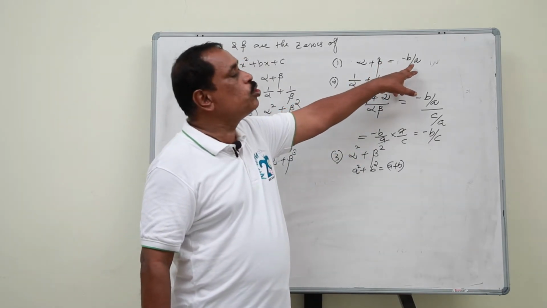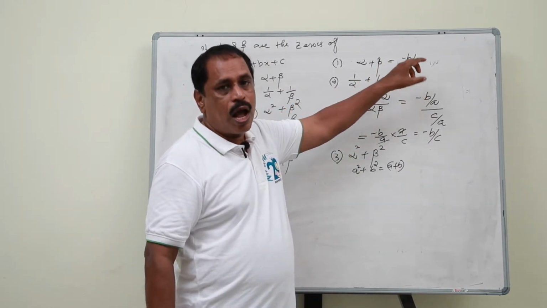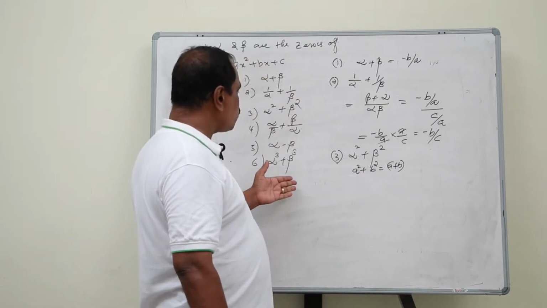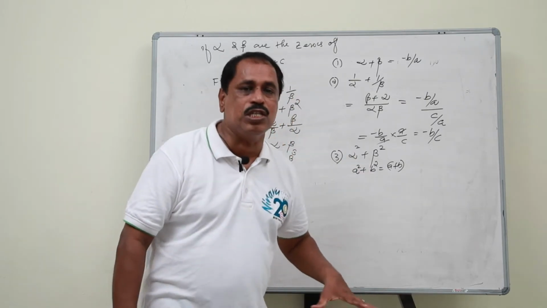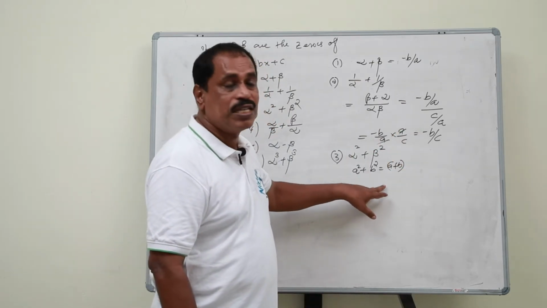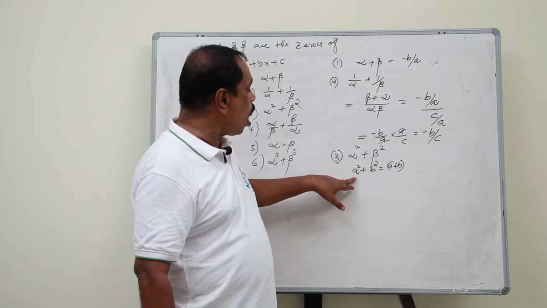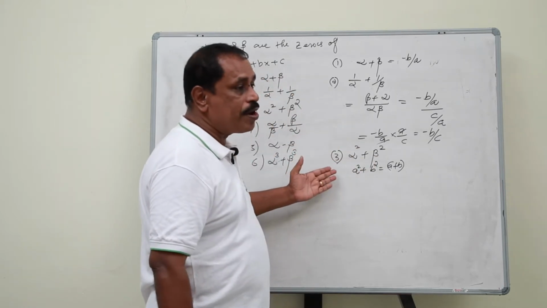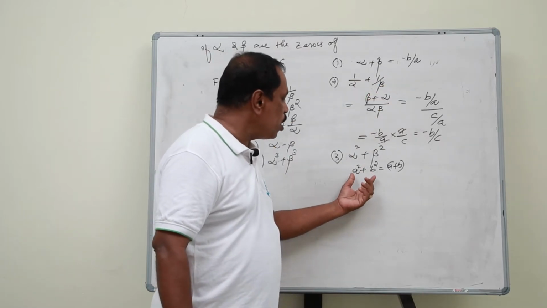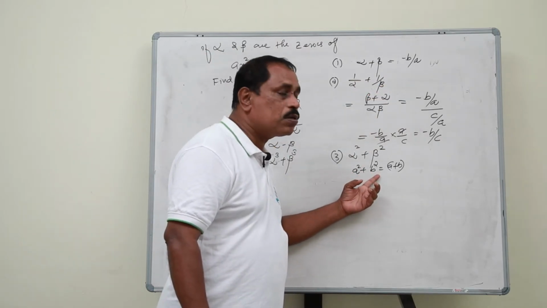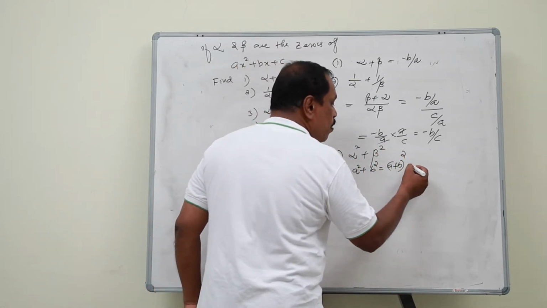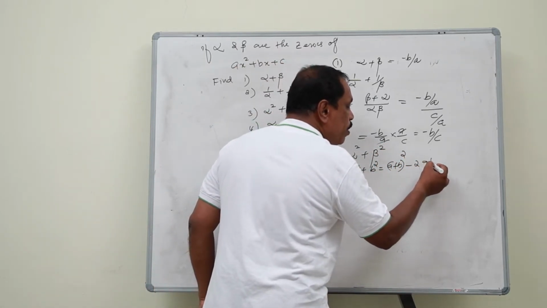Sum of the zeros you know already, minus b by a, and product of the zeros you know, c by a. All these expressions must be converted into sum of the zeros and product of the zeros. Then it is very easy. Alpha and beta are not given, but we know alpha plus beta and alpha beta. Therefore, a square plus b square equals, in terms of the sum, a plus b the whole square minus 2ab.